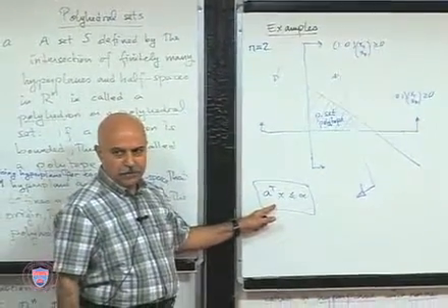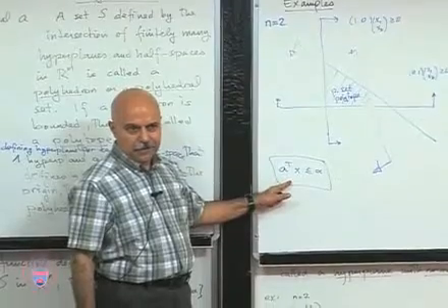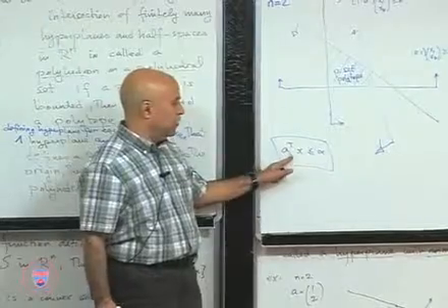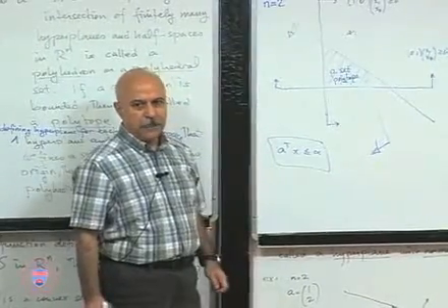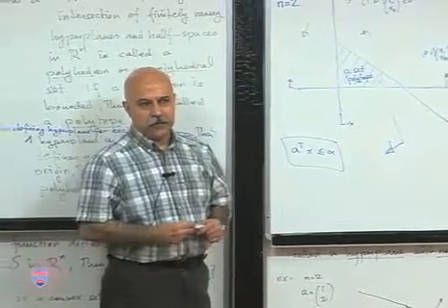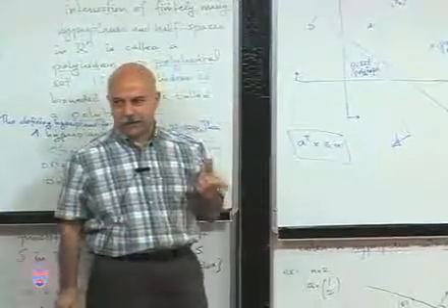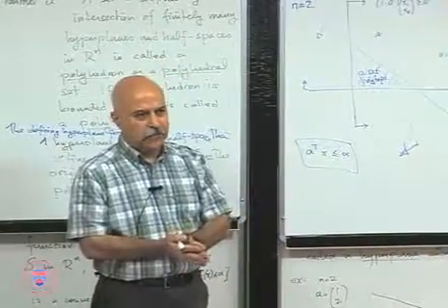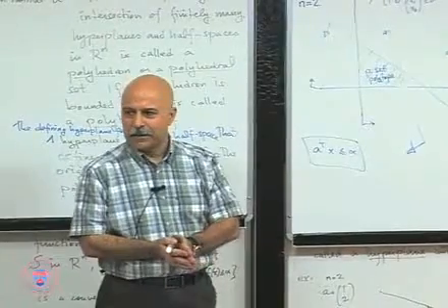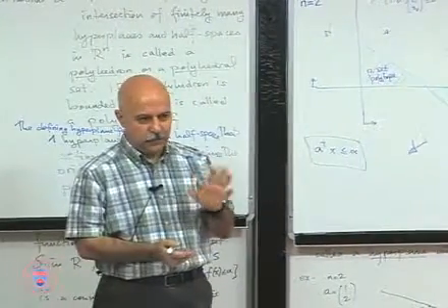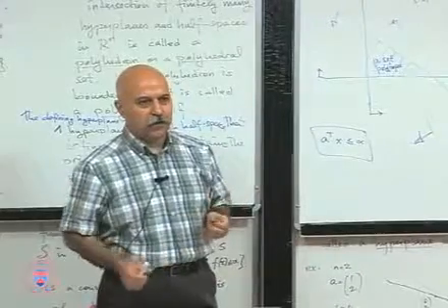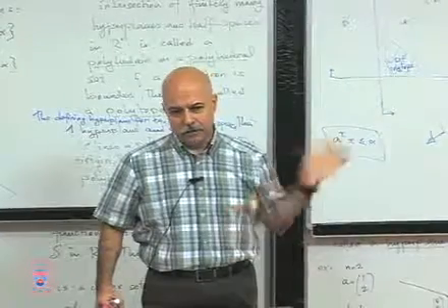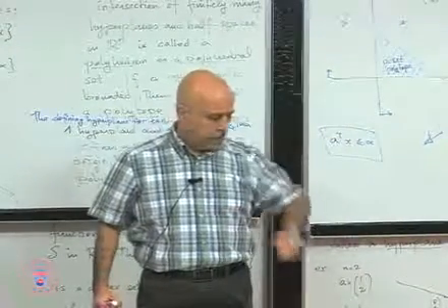What set is that? Level set? It's a level set of that function of value alpha. And what do you know about level sets for convex functions? A linear function is convex, so its level sets are always convex. So the intersection of level sets will also be convex. Did I prove that? The intersection of two convex sets is convex. We proved that, right? And you can extend it to any number of sets, actually. The intersection will be convex. And so that's why we're worrying about these things.